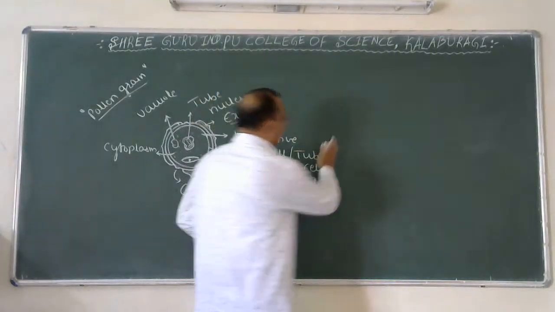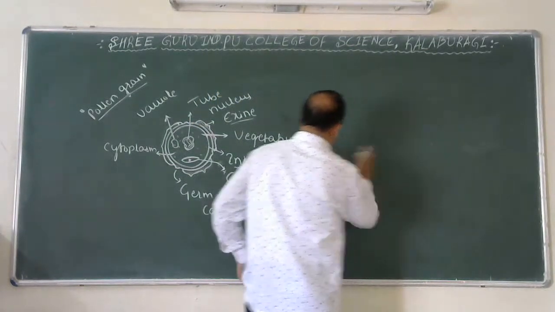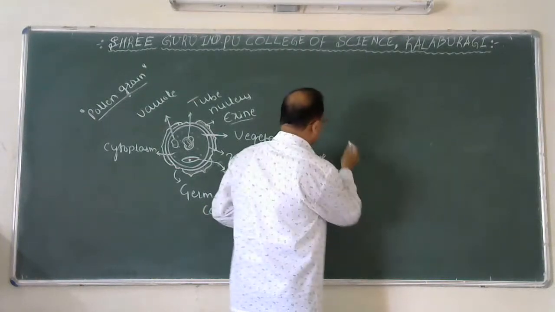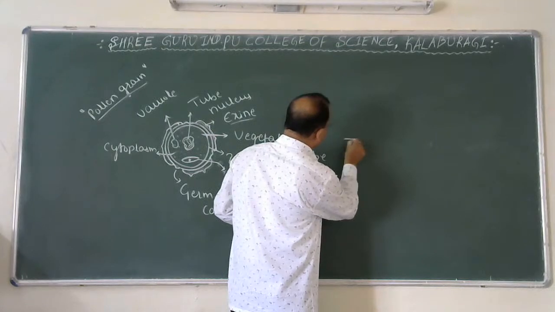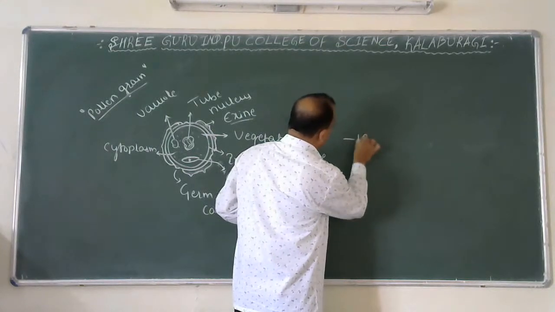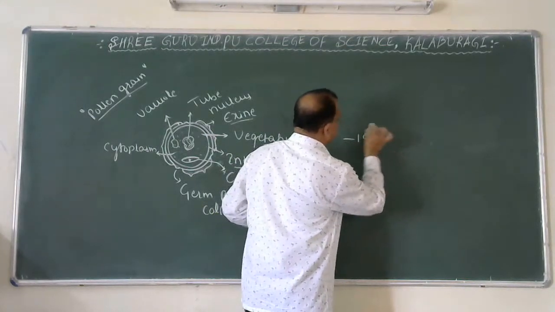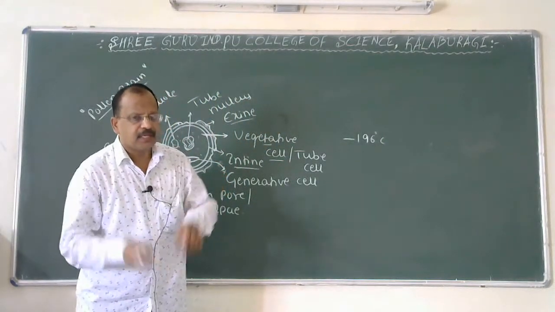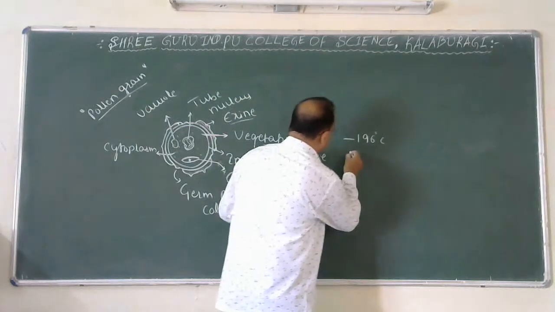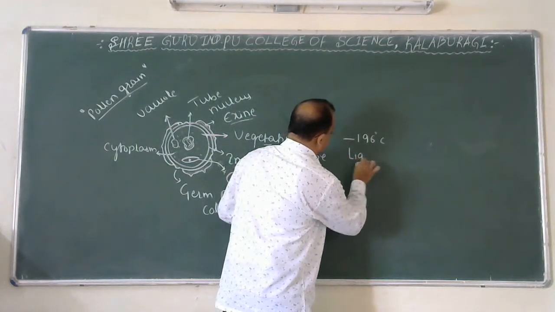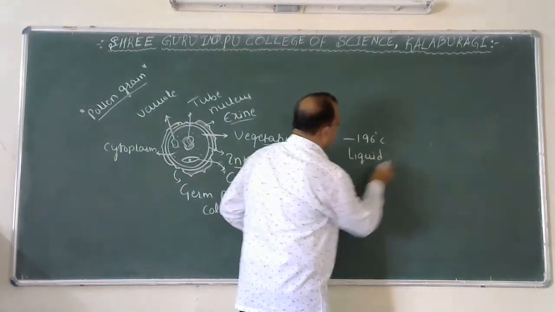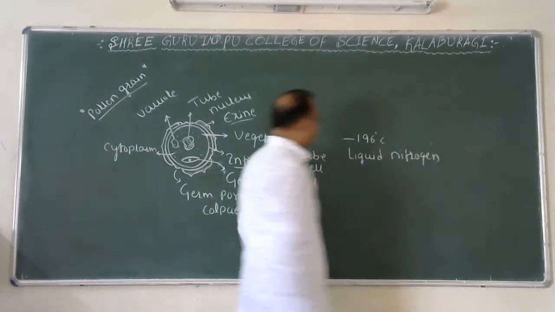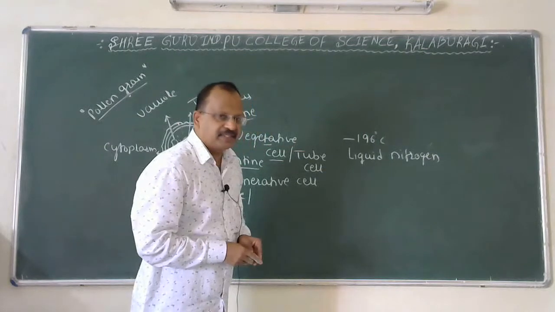Pollen grains can be well preserved for months in liquid nitrogen at minus 196 degrees centigrade.